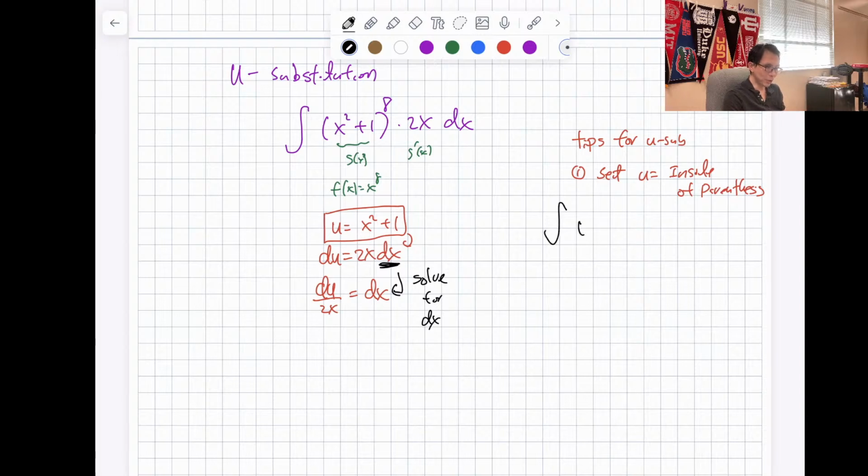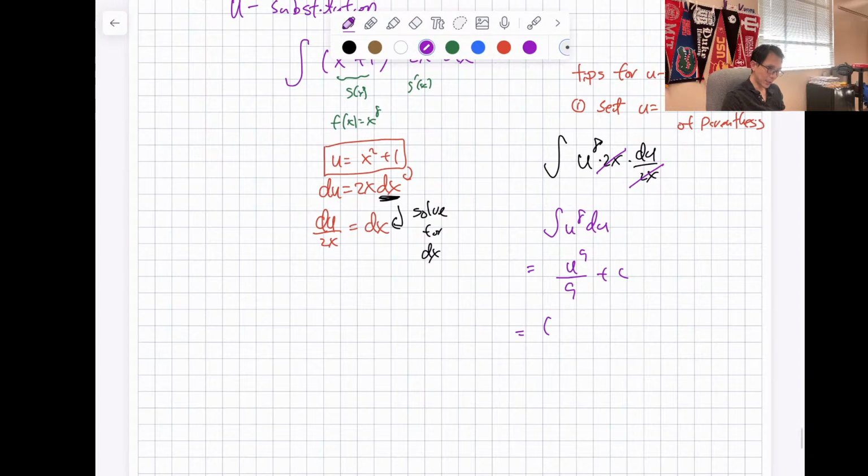So it'll be the integration of u to the 8th, since we know g of x is u, times du times 2x, because those 2x are still there, and times du over 2x. Now it turns out the 2x actually goes away, so the integration of u to the 8 du is u to the 9 over 9 plus c. And that's going to be x squared plus 1 to the 9th power over 9 plus c.